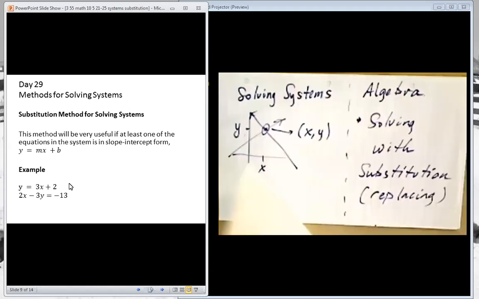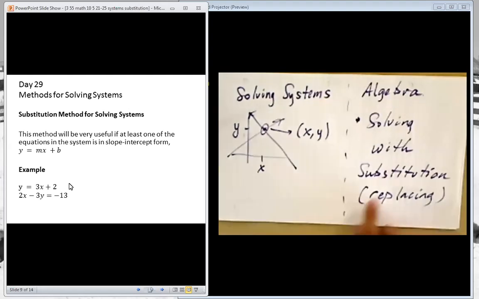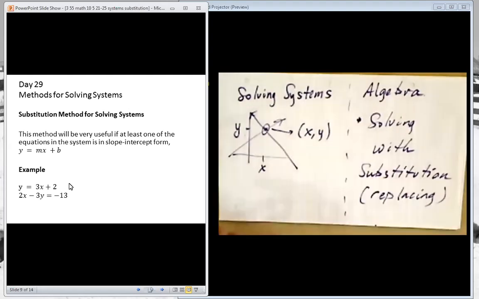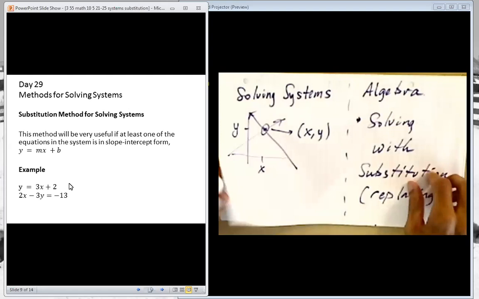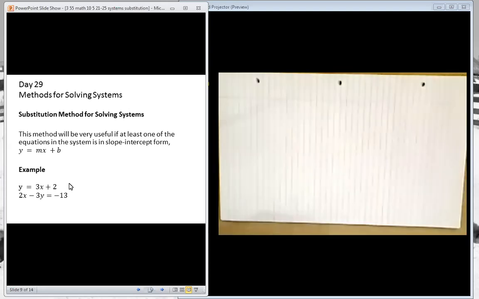And that'll be helpful for us. Not only that, this method, substitution, is good for next year and the year after as well. Okay, so I'll show you how it works with the example we got there.